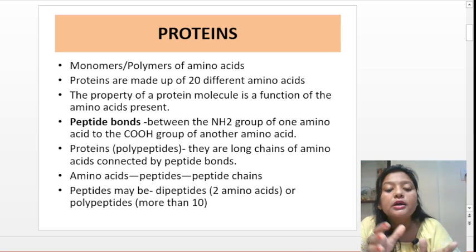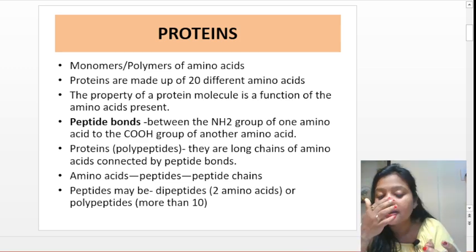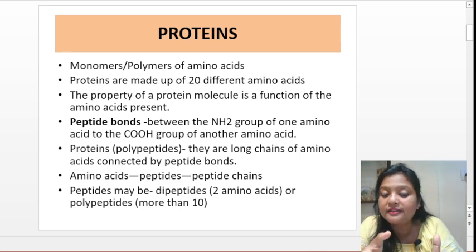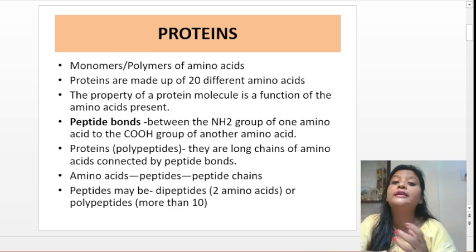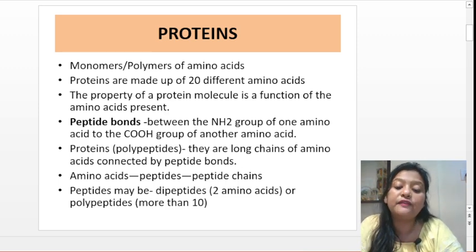So how can you define proteins? Proteins are polypeptides because there are many peptides linking together to form proteins. And what are polypeptides? When a long chain of amino acids is connected by peptide bonds, they form polypeptides or proteins.